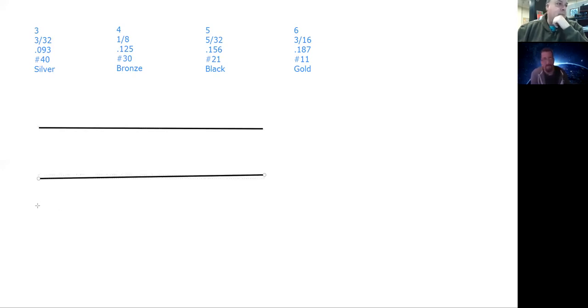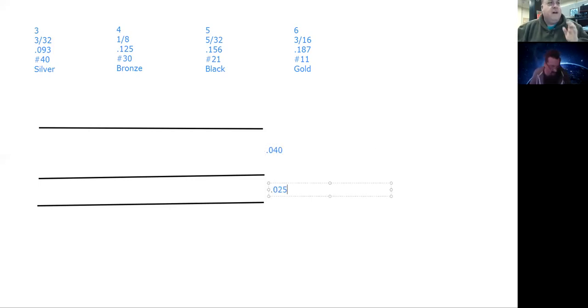let's say we got two sheets of aluminum here, and one of them is a 40, and let's say the other one is a 25. Okay. And we want to know what diameter rivet we're going to use. So we know we're going to use a protruding head rivet.